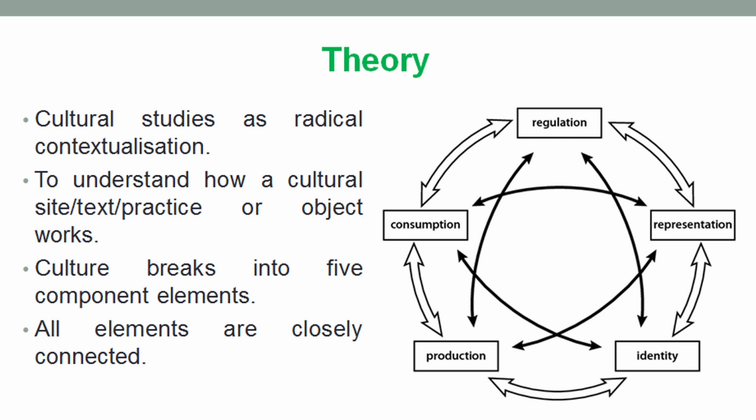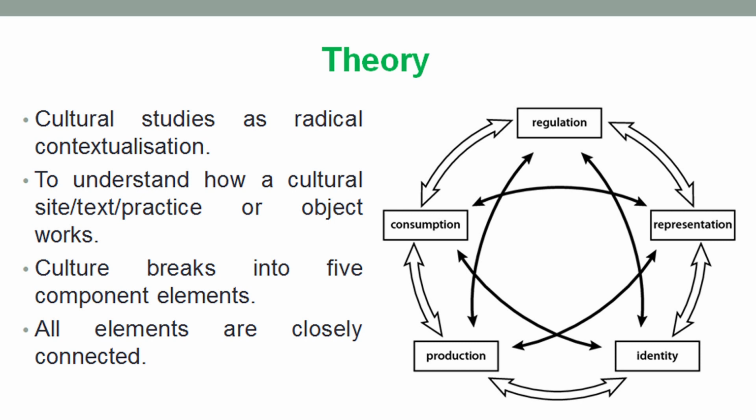Here, the culture breaks down into 5 component elements. Then we can understand how a site or a text or practice or object works in terms of representation, identity, production, consumption, and regulation.